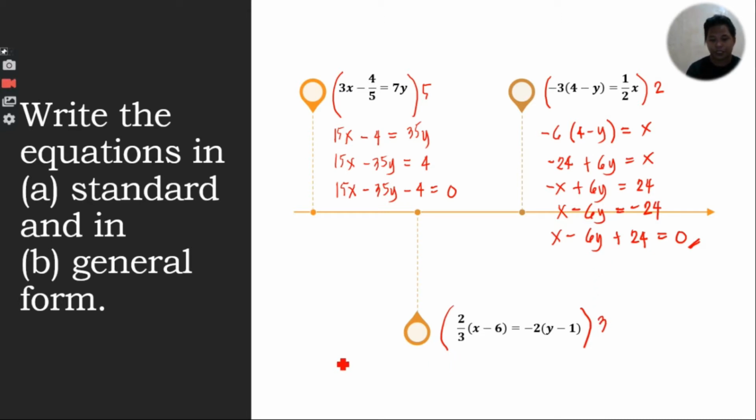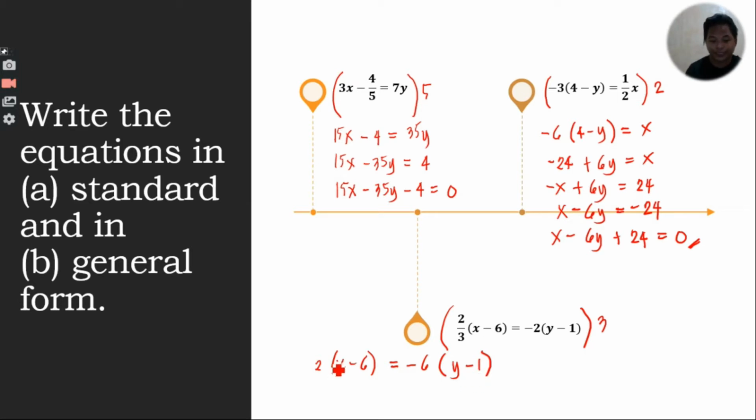Therefore, we have 2/3 times 3 is 2 times the quantity x minus 6 is equal to negative 2 times 3 is negative 6 times the quantity y minus 1.